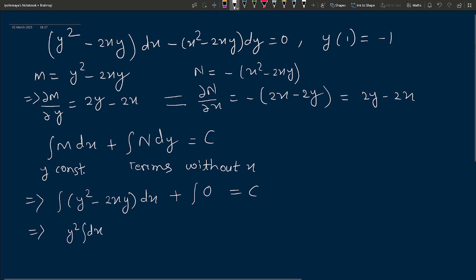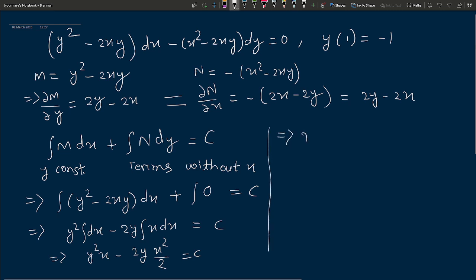Integration of dx, then minus 2y constant, integration of x dx, plus 0, equal to c. Now you have y square into integration of dx, which is x, minus 2y into integration of x, that is x square by 2, equal to c. So this implies x y square minus x square y equal to c. This is your general solution.